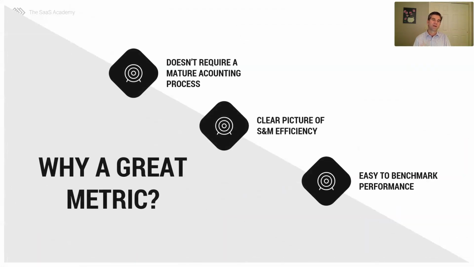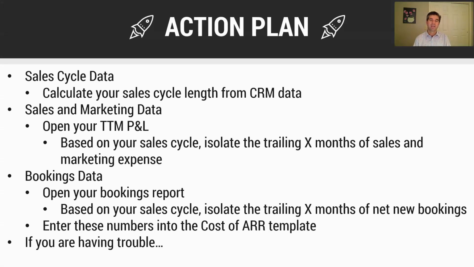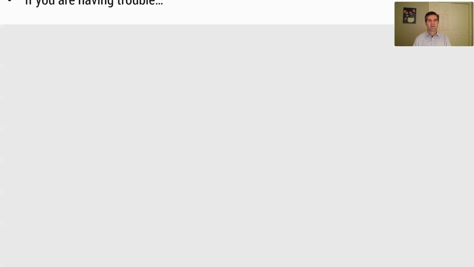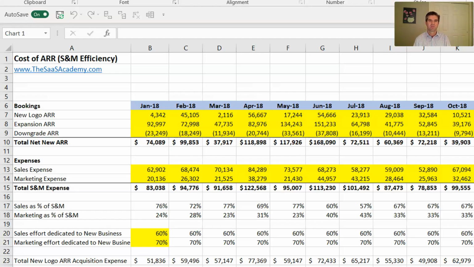We'll talk about why it's a great metric, why you should implement it in your SaaS business, tips and tricks when trying to calculate the metric and to be successful when implementing the metric, and then an action plan. So you can go find the data that you need to implement and calculate this metric. And then if you're having a little trouble, walking through some troubleshooting tips.